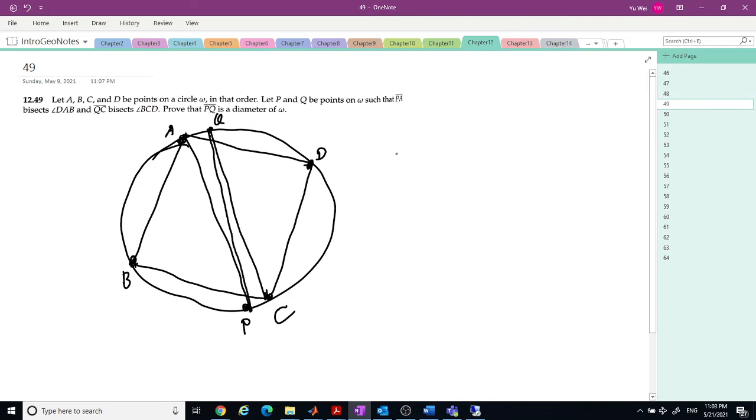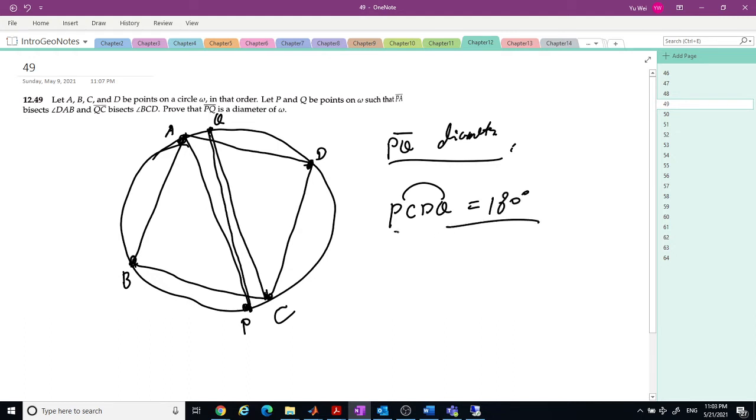Okay, so if PQ is a diameter, it's equivalent to prove that arc PCDQ is a half circle, 180 degrees, right? So now let's see. This is half of A, right? So we know arc BP is A because this angle is A divided by 2.